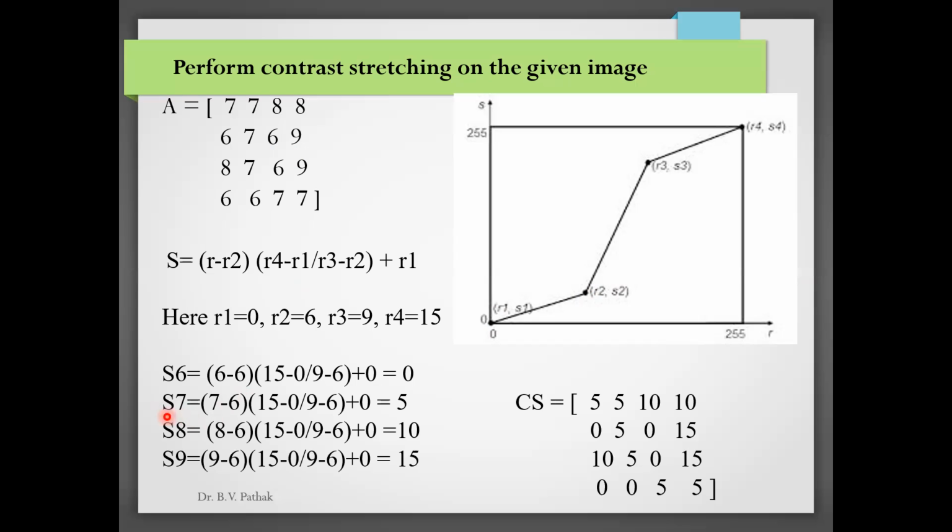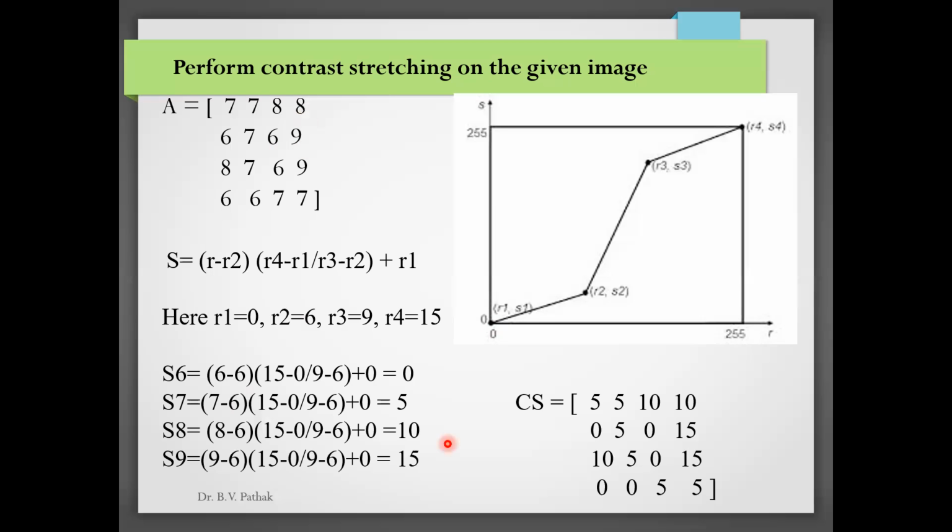The new value S for pixel number 7 is equal to 7 minus R2, which is 6, then R4 is 15 minus R1, which is 0, divided by R3 is 9 minus R2 is 6, then plus 0, that is R1. This comes to 15 divided by 3, which is 5. So 5 into 1 will be equal to 5. In this way, we will calculate it for pixel number 8 and 9 as well.